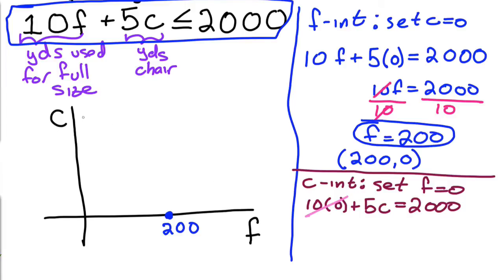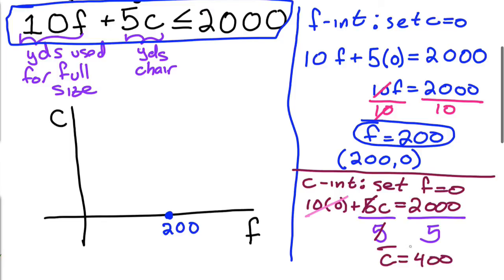And so if I divide both sides by 5, I would get that C is equal to 2,000 over 5, which is 400. Okay, so then my C-intercept is the point F equals 0 and C equals 400.